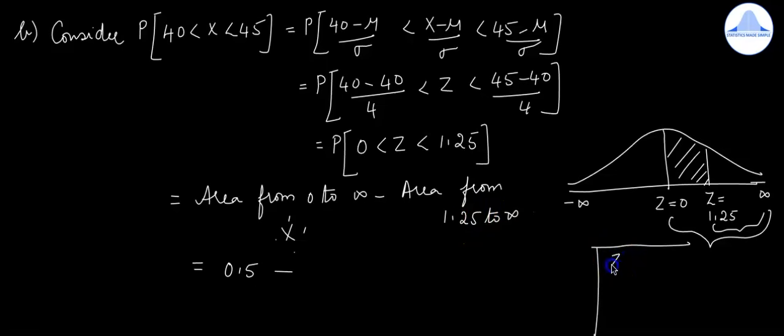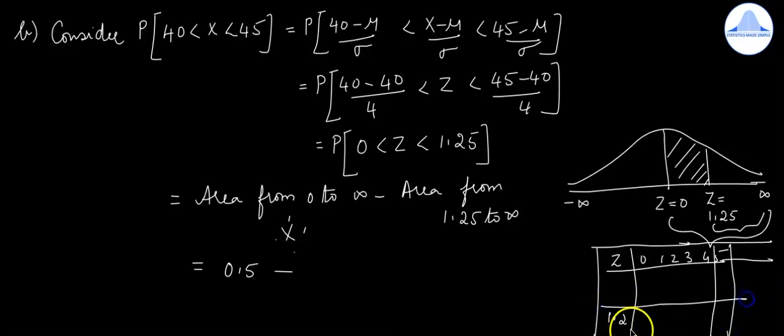In the statistical tables under the standard normal curve, you will have the z value. Under z, first you search for 1.2. Then you'll have columns like 0, 1, 2, 3, 4, 5 and so on. First search for z 1.2, and then you search under column 5 for the value.